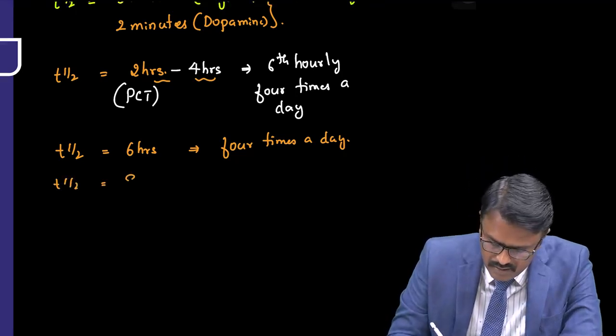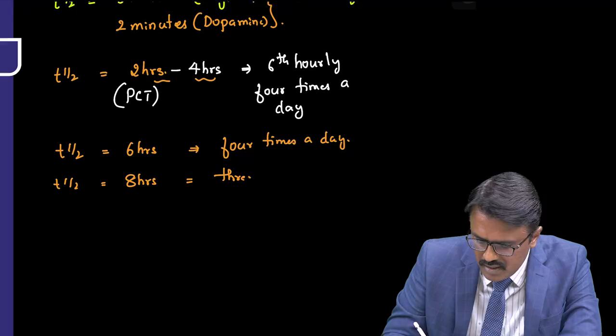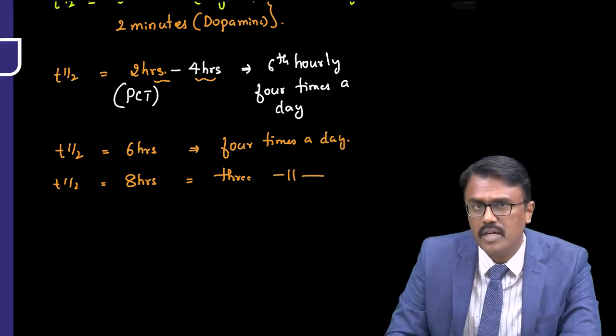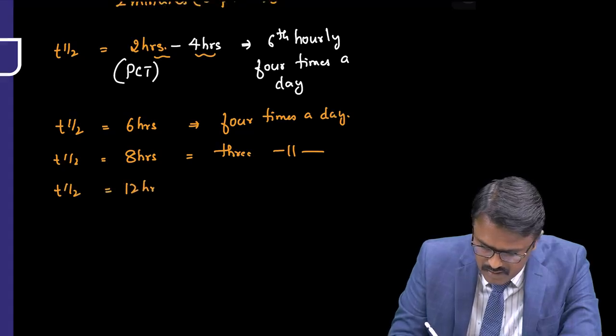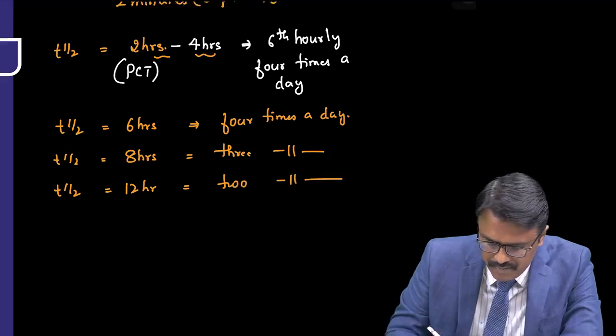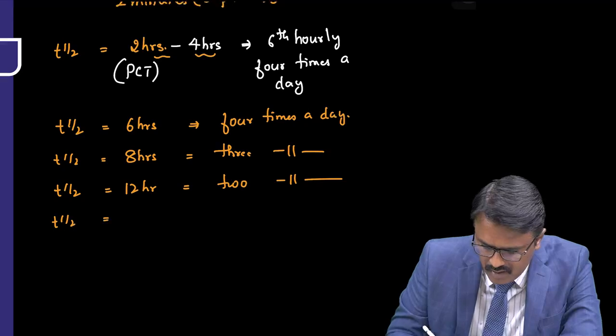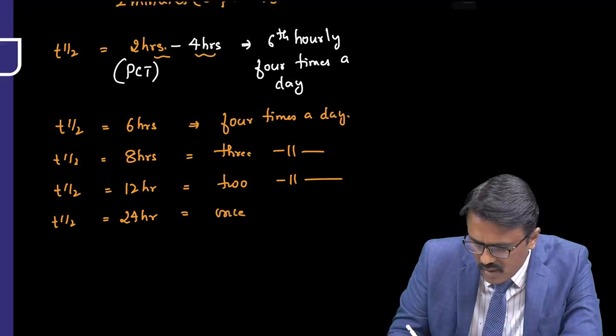If the half-life is 8 hours, you give it 3 times a day, because 24 divided by 8 is 3. If the half-life is 12 hours, we give it 2 times a day, or twice daily. If the half-life is 24 hours, we can give it once a day.